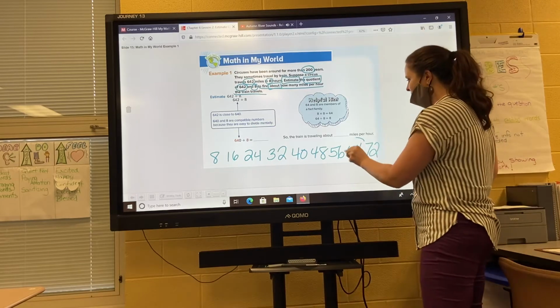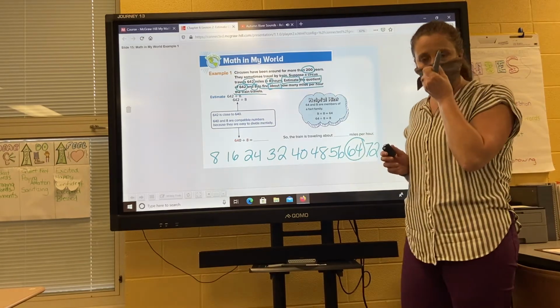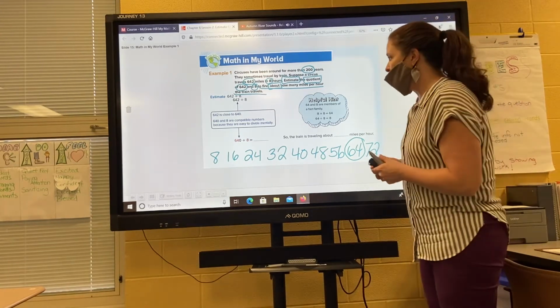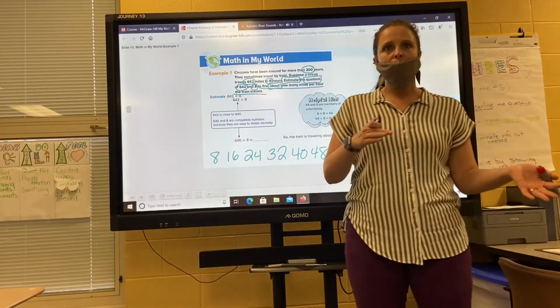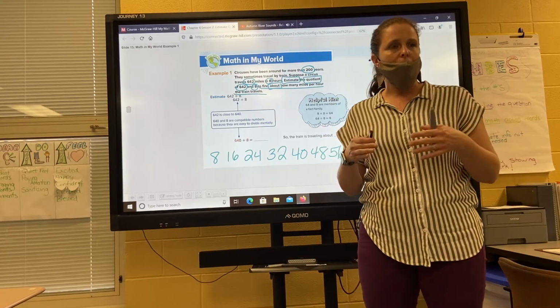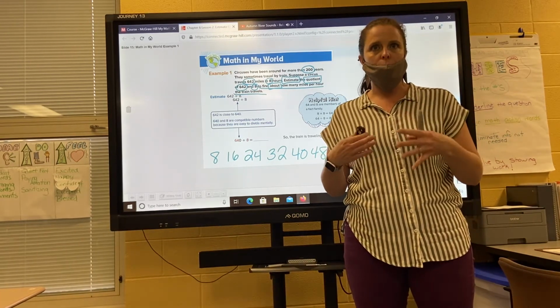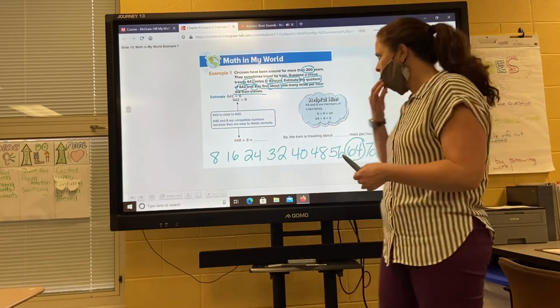Do you see where 64 is here? So that tells me that 64 is compatible, which means we're going to take what we learned yesterday, and that means 640 is compatible. That means basically that 8 will go into it evenly.